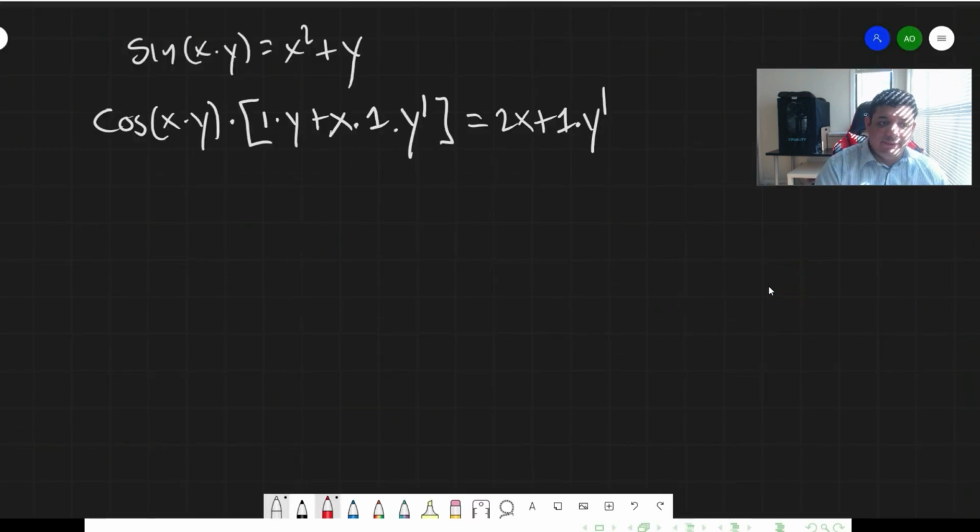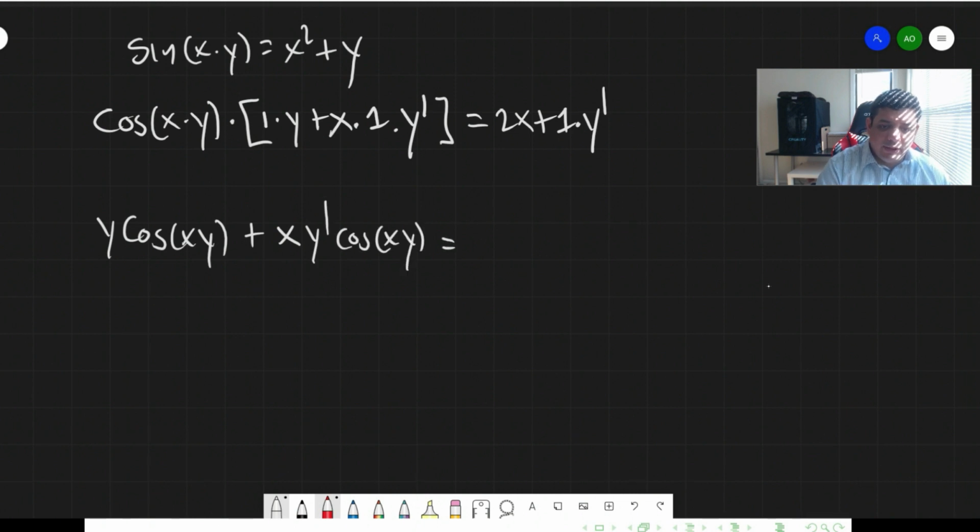And so that needs simplification, of course. We get y cosine of xy plus x y prime cosine of xy equals 2x plus y prime.